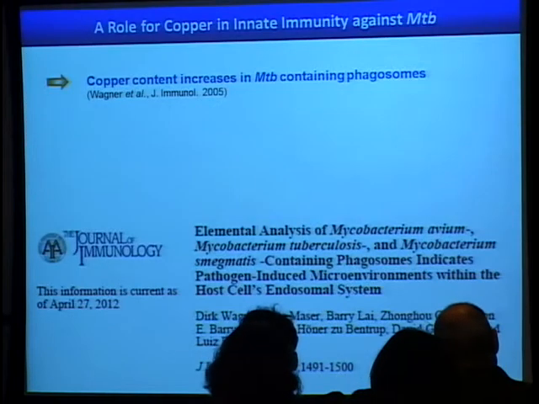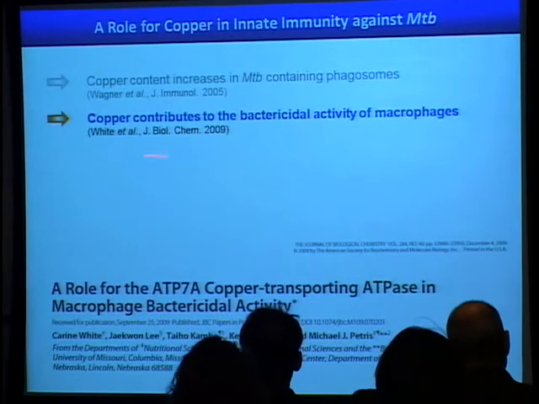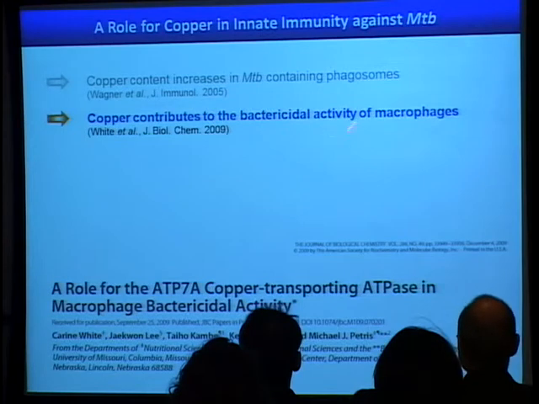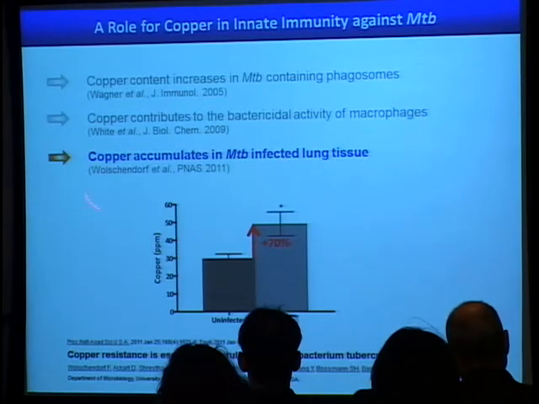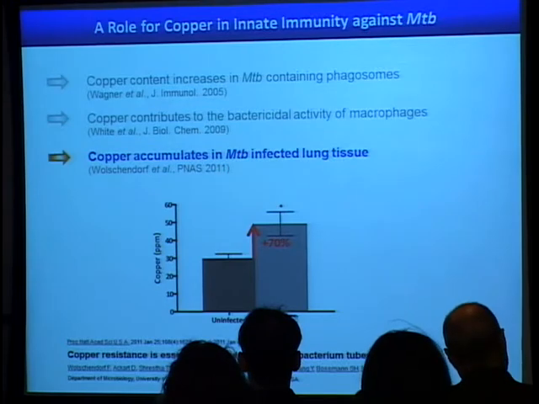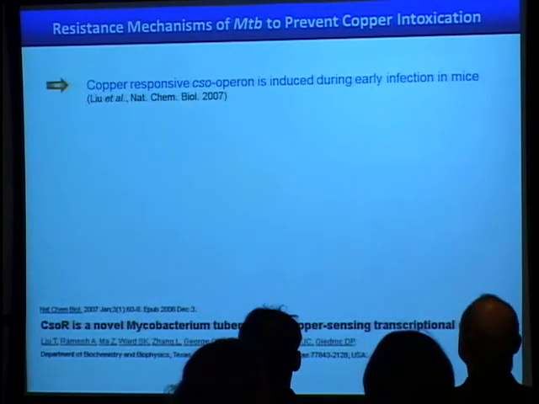A few years later, it was published that this increase in copper actually contributes to the bactericidal activity of macrophages. And to wrap this all up, we could show that the copper content of Mycobacterium tuberculosis infected lung tissue also increases. And what are the resistance mechanisms?